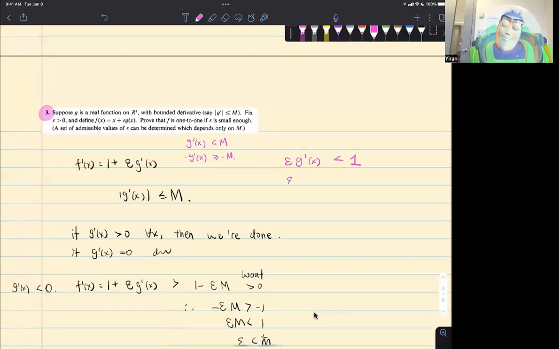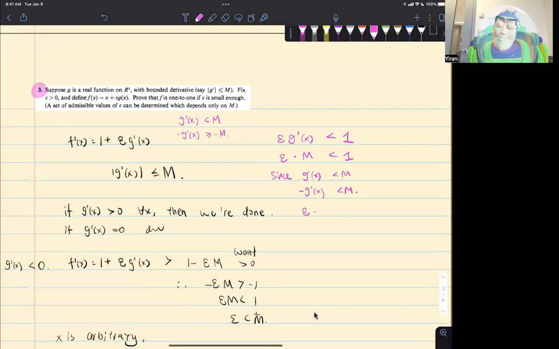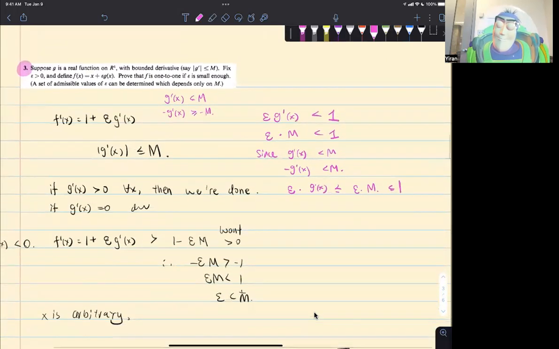Well, let me think. If we show that epsilon is smaller than 1, then since the absolute value of G prime of X is smaller than M, epsilon times G prime of X is smaller or equal than epsilon times M, which is smaller or equal than 1.